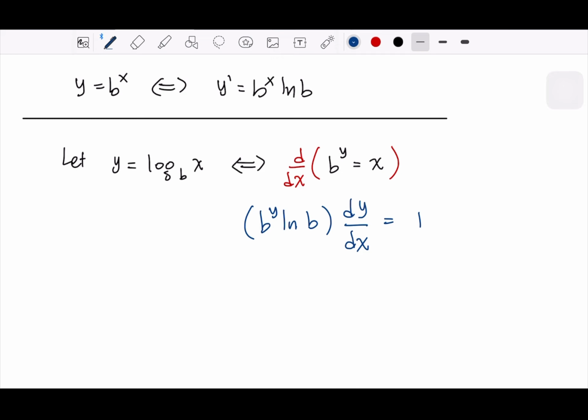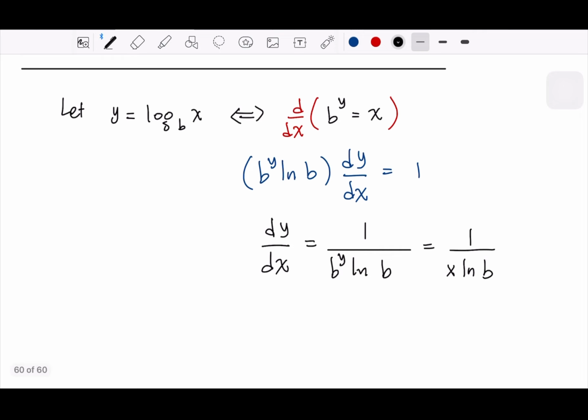So dy over dx is equal to this. Okay. Now b to the power of y is our x, so we can also change this into x. Now what happens if b is equal to e?